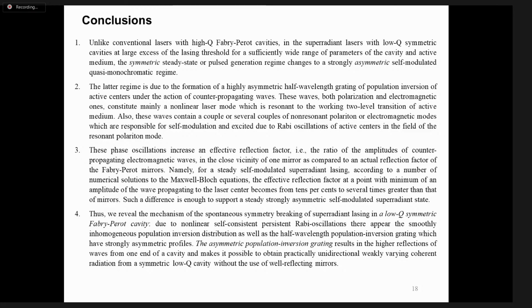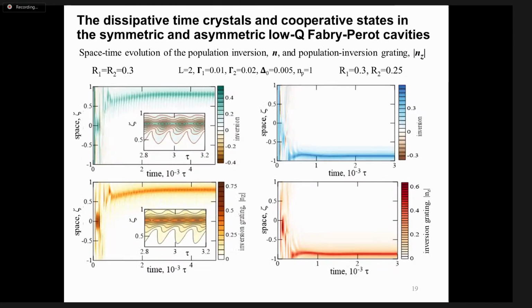For a steady-state self-modulating lasing, according to a number of numerical solutions of the Maxwell-Bloch equations, the effective reflection factor at a point with minimum amplitude of the stronger wave becomes from tens of percent to several times greater than the actual reflection factor of the Fabry-Perot mirror. And such a difference is enough to support this strongly asymmetric self-modulated lasing.